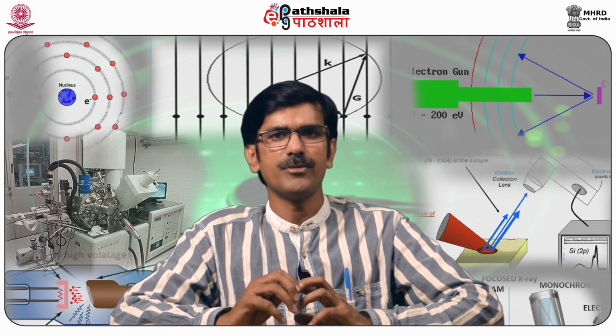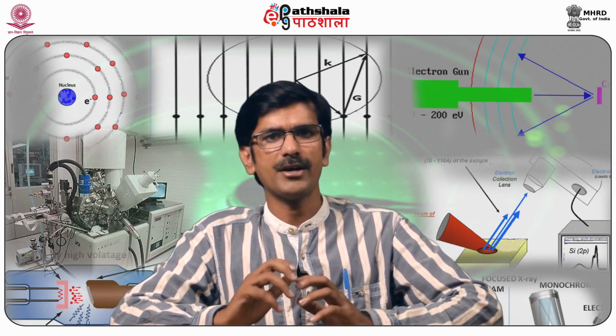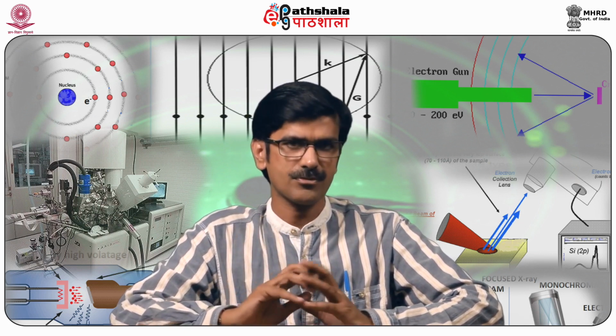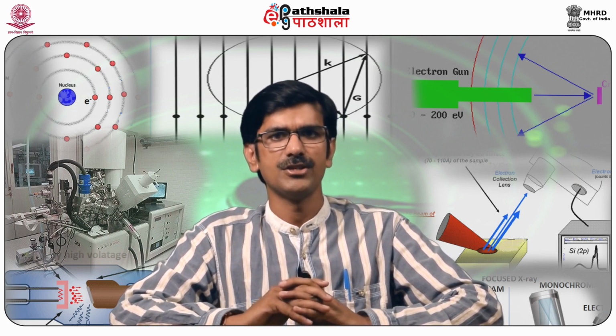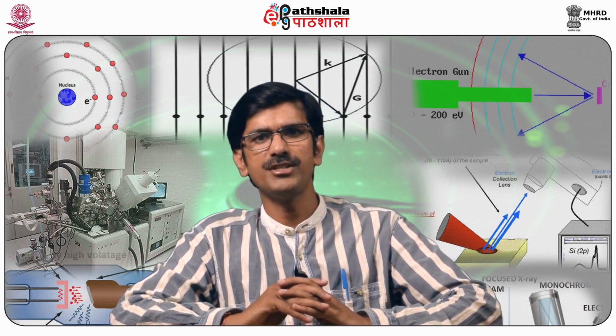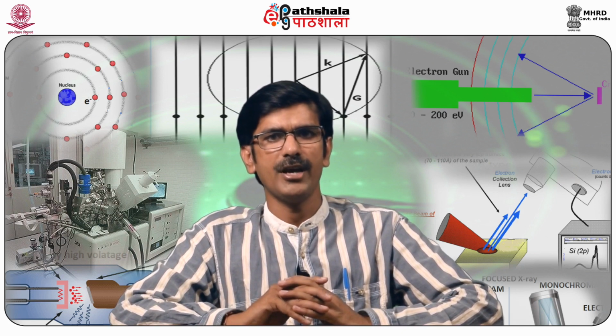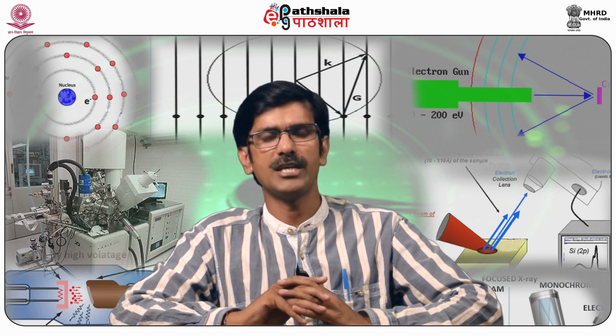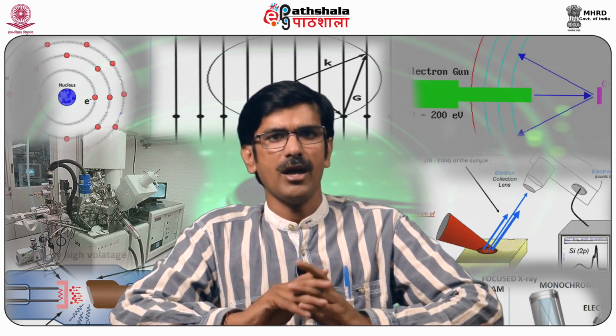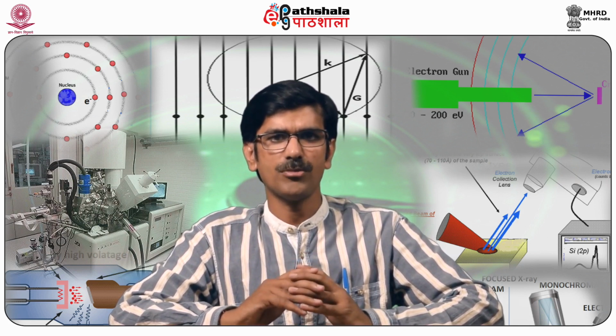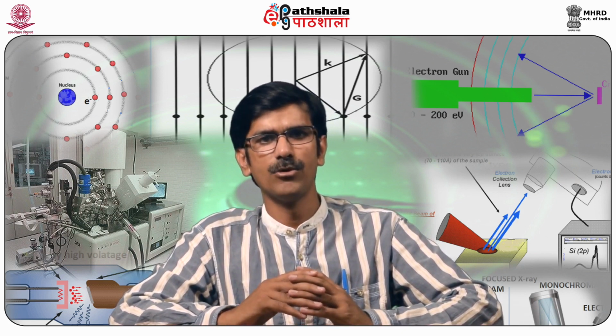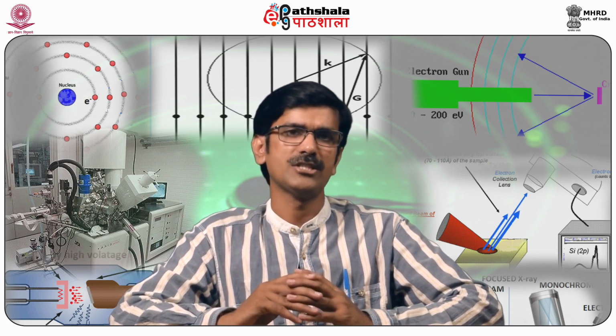According to the IUPAC recommendation, hysteresis loops are classified into 4 types. The H1 hysteresis is observed in materials with cylindrical pore geometry and relatively high pore size uniformity. H2 type hysteresis is observed in materials having channel-like pores with non-uniform pore size distribution.